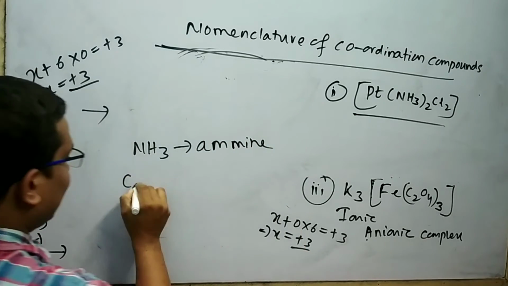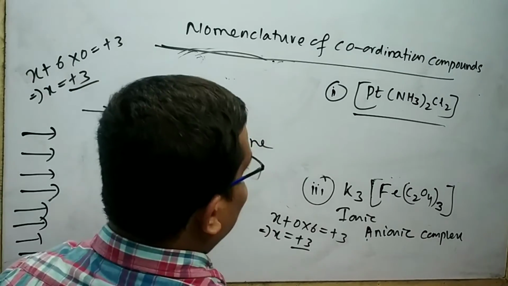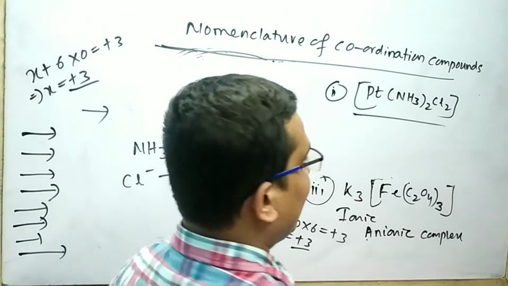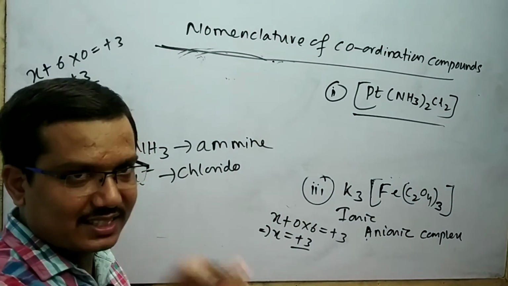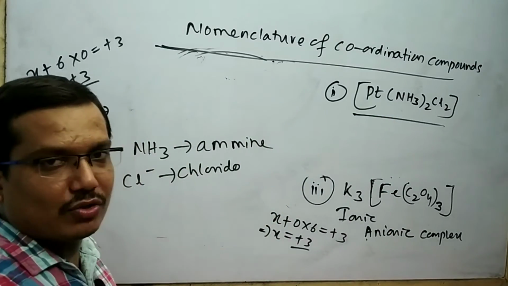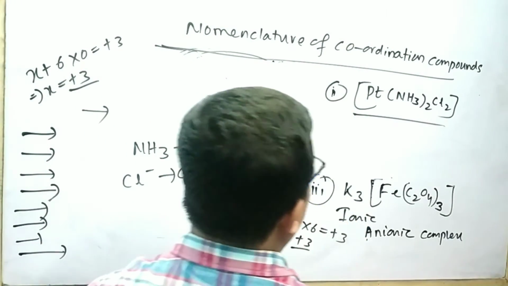The name of Cl minus is chlorido. This belongs to a non-ionic complex, so the name of this complex is written in one word. In this complex, there is no counter ion part, only the coordination entity part is present.